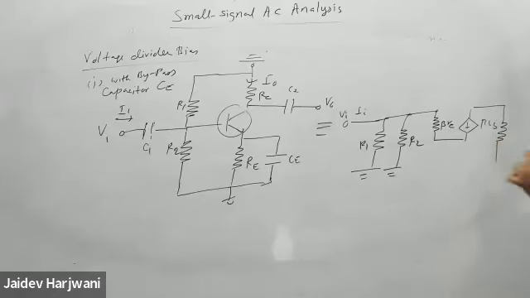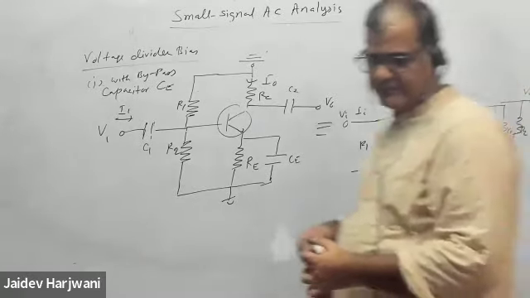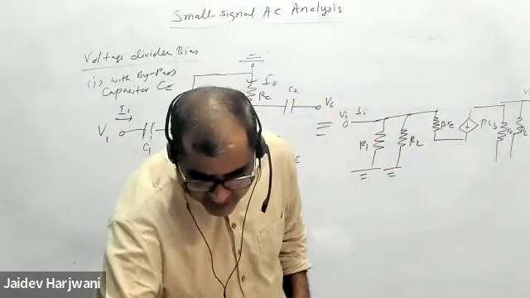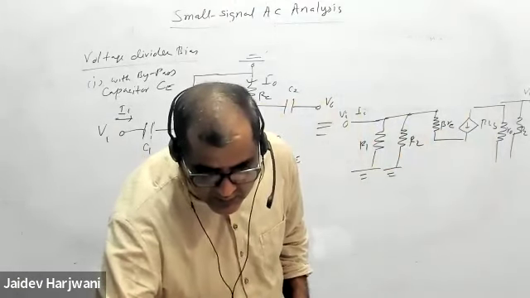Again, the output is same, RC and R0, R0 parallel to RC, and you're taking V0 again here. Remaining circuit is same, only we have to now see what happens to RC.